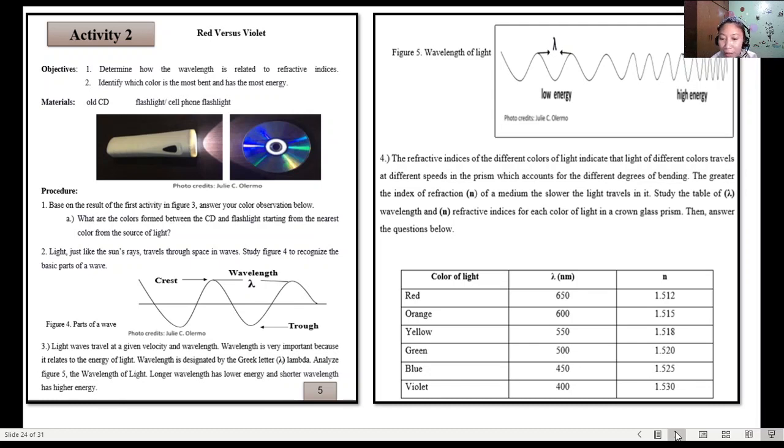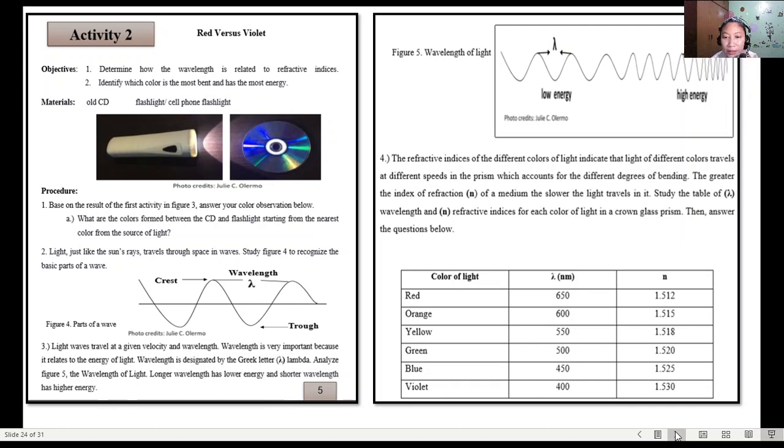Comparing red to violet, violet has the highest refractive index, or index of refraction, 1.530, while red is only 1.512. So violet has the highest index of refraction, which means it is slower than red.